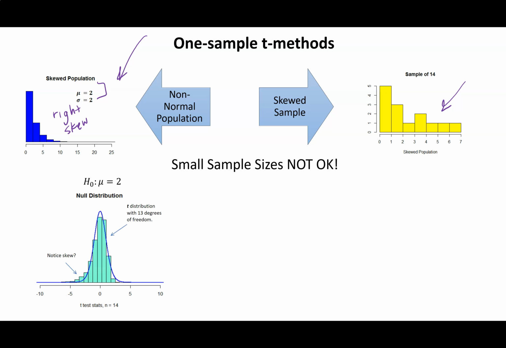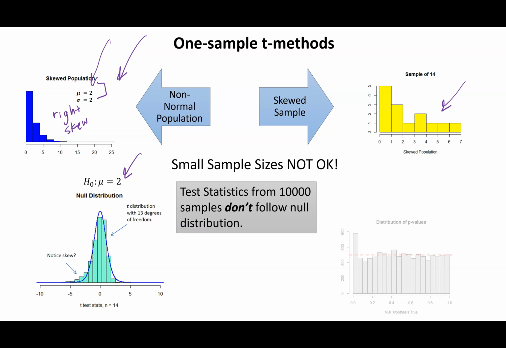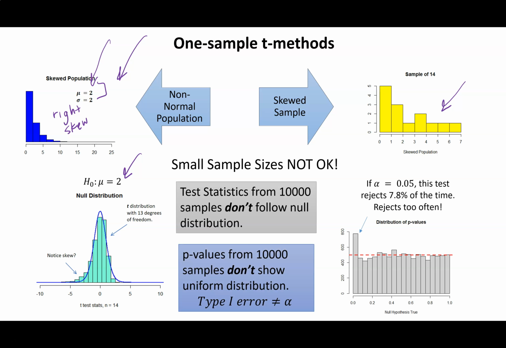So looking here, if you want to test, okay, well the mean is equal to 2, we know that it actually is in fact 2, so anytime that you reject the null, you're incorrectly rejecting, you're making a type 1 error. So now what you have to worry about is when we simulate this 10,000 times, instead of rejecting incorrectly like 5% of the time, now we're rejecting 7.8% of the time.